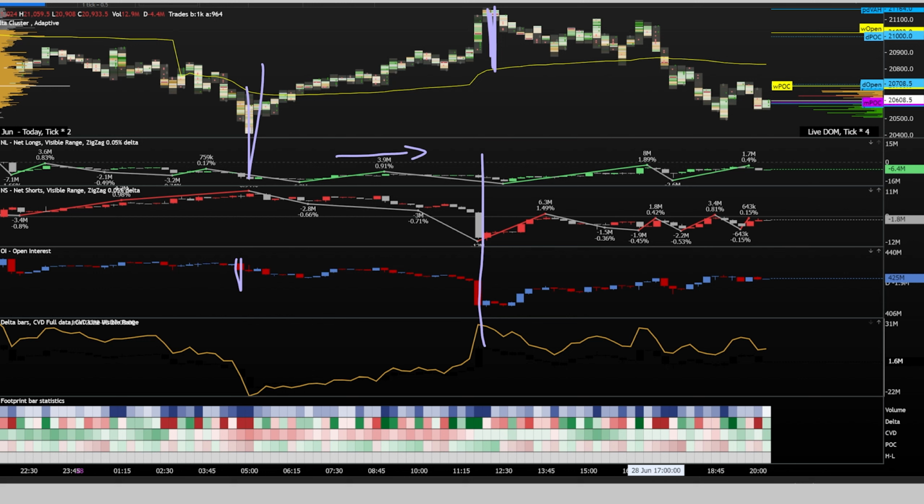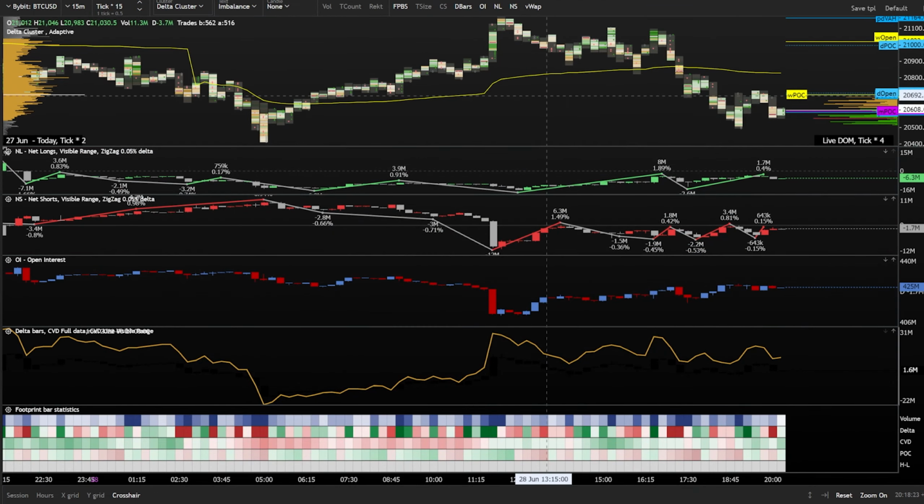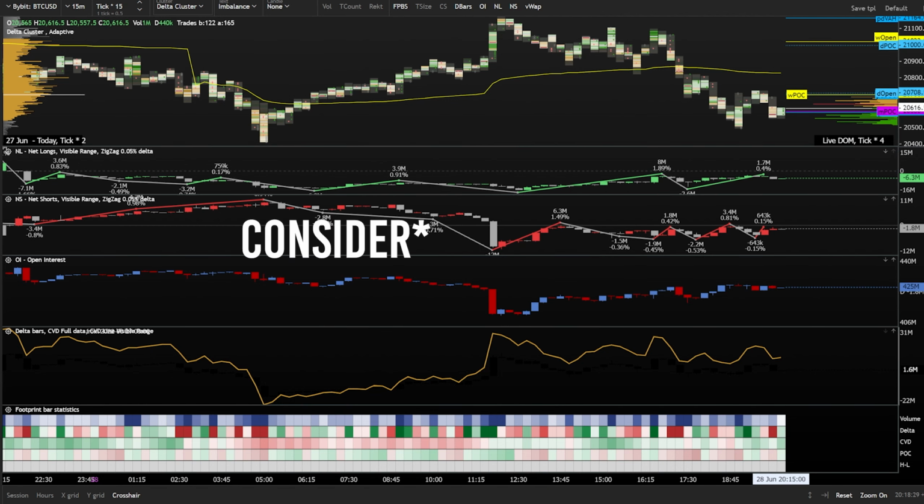Now bearish volume from here to here, huge decrease, so bearish volume is increasing, and open interest slightly moves up somewhere, but is pretty much just decreasing. And what does that tell us? That tells us that this move right here is not that strong. So what that means? Short. Let's at least consider a short, right?